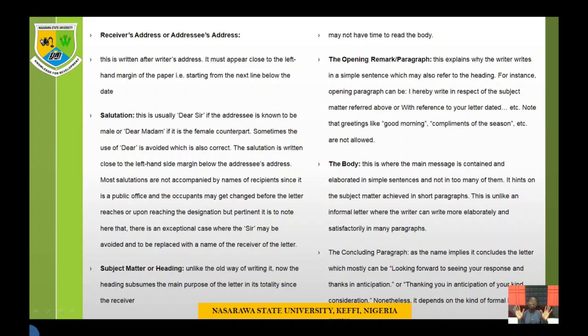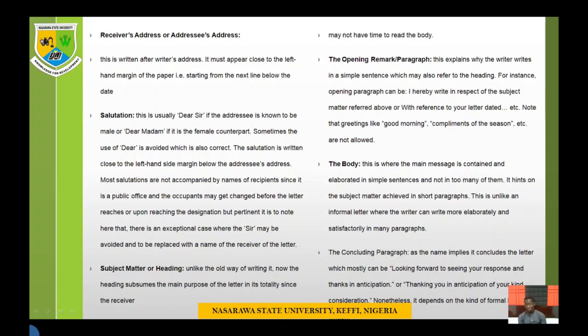You can even say madam, that's all, or sir, that is all. So the salutation is written close to the left hand side margin too, below the addressee's address. Most salutations are not accompanied by names of recipients, since it is a public office and the occupant may get changed before the letter reaches the destination.